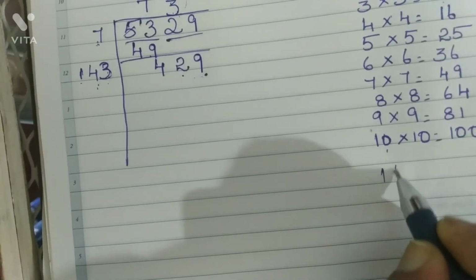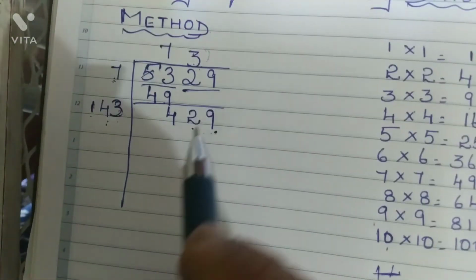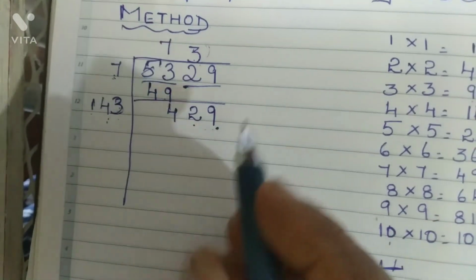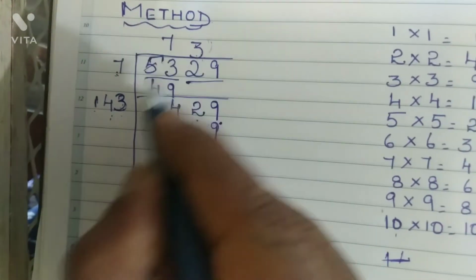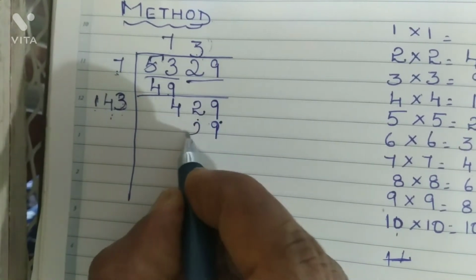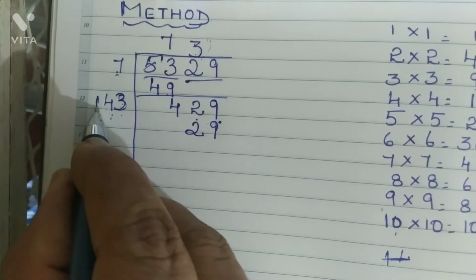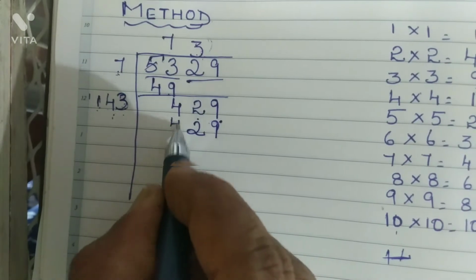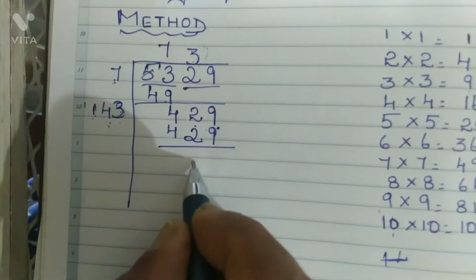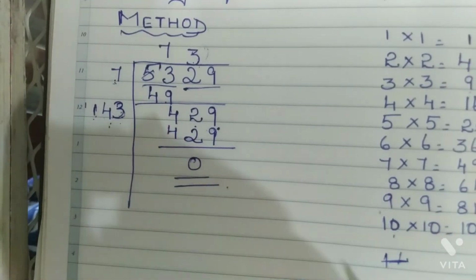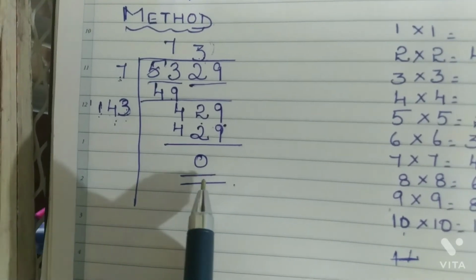You can multiply here itself. 3 into 3, 9. 3 4s are 12. 3 into 1, 3. 3 plus 1, 4. So now here you got the perfect square because the remainder is 0.